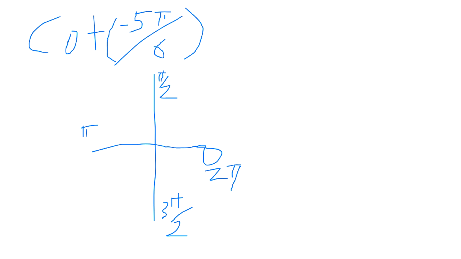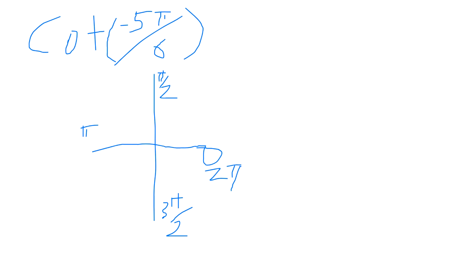So for the time being, if you are not so sure where this 5 pi over 6 will lead you, I will advise you to just convert to degrees, so that at least you have an idea of where the angle is going to be. But remember that here is negative, so we are going to move in the clockwise direction.